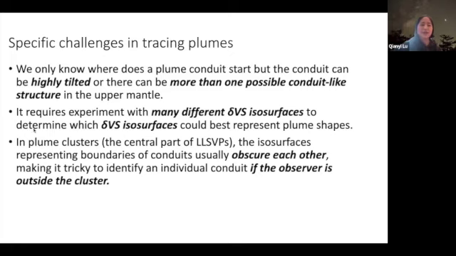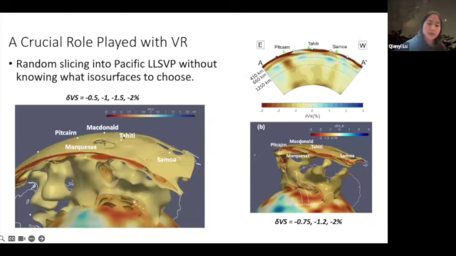You see, so here is an example. Here I'm showing you 3D isosurface views of the same Pacific plume cluster region, but this time, instead of carefully choosing isosurfaces of VS anomaly of negative 0.75, negative 1.2 and negative 2%, I am just randomly choosing some negative VS anomaly values and plotting their isosurfaces.